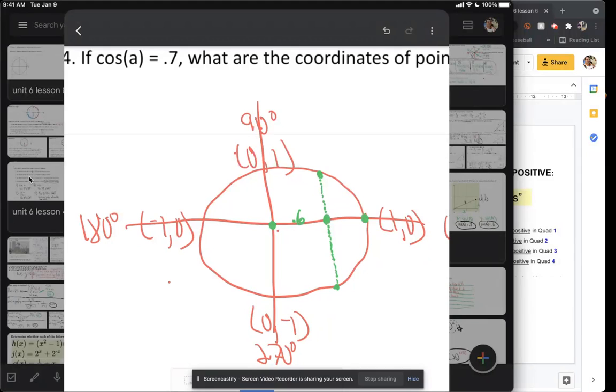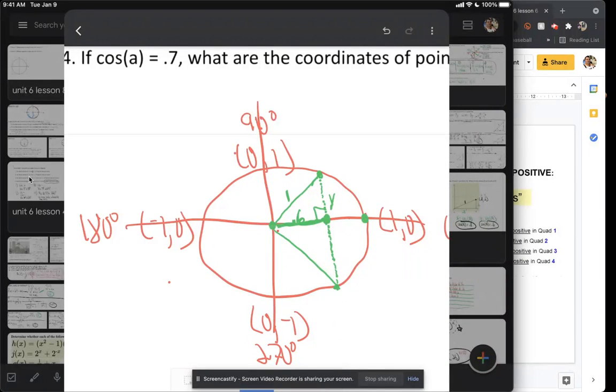To figure out those 2 possible y values, I'm basically going to create 2 right triangles, and I'm going to use the Pythagorean theorem. So I'm going to use this top triangle. In this right triangle, I know that this is 0.6 because that's the x value. I know I'm looking for my y value, and I know that my hypotenuse in this case is the same as the radius.